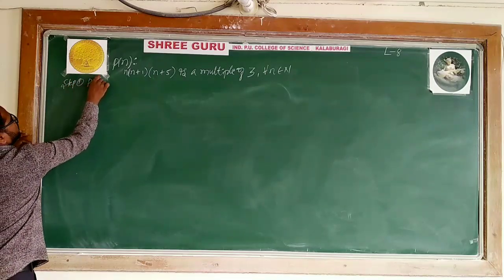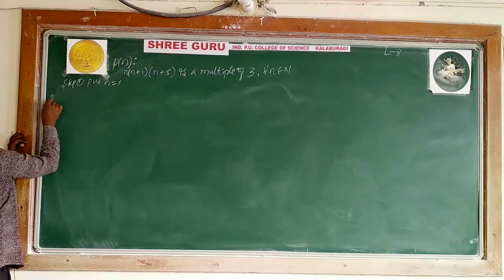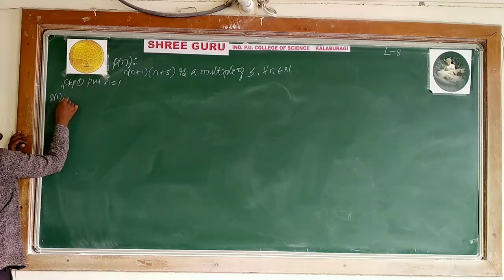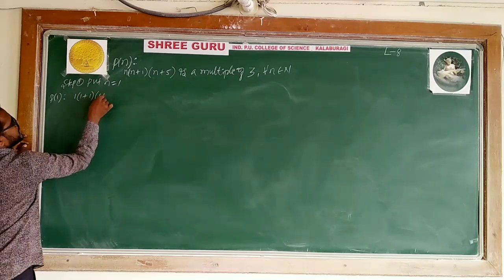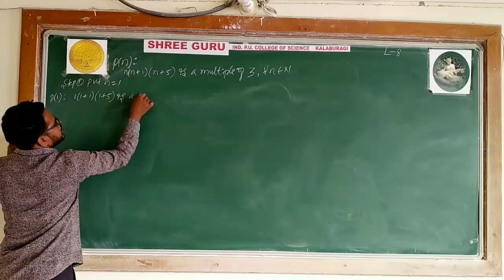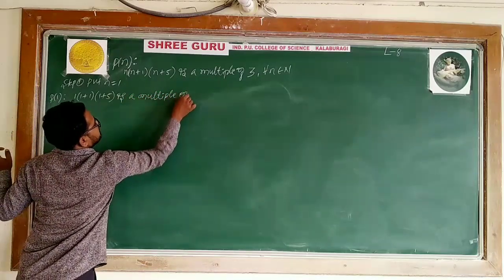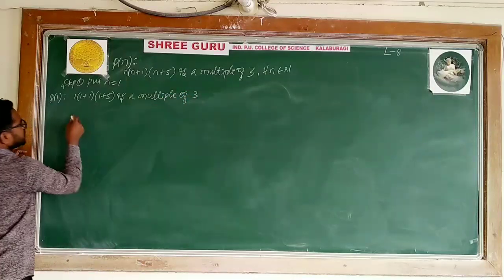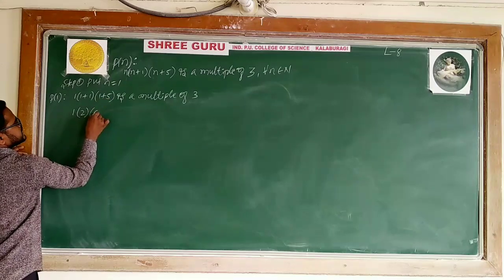So step 1. Put n equal to 1. P of 1: 1 into 1 plus 1 into 1 plus 5 is a multiple of 3. 1 plus 1 is 2, 1 plus 5 is 6.